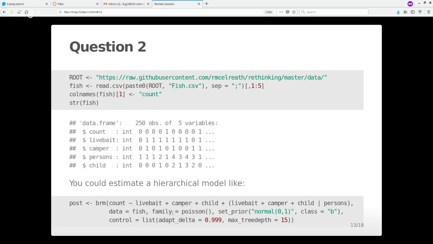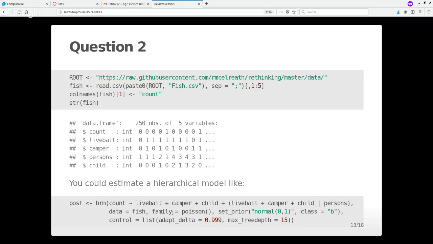Then conditional on the Bernoulli random variable being 1, indicating there's a positive count, the count is Poisson or something like that. Different models make different assumptions. So in this case, there are 2 mechanisms by which you could end up with 0 fish. One is you go camping, but you don't fish.